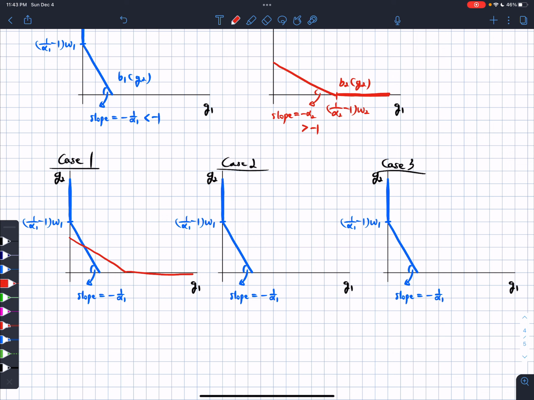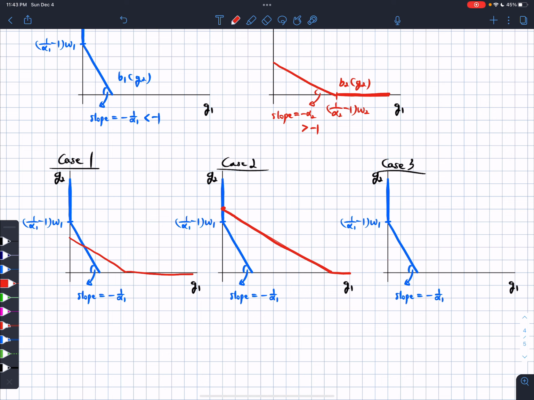Then I would have, let me draw it this way. This and then. Okay, and another case is that this intercept is so small, and then this graph becomes flat very early, even before touching this point. So that's going to be this third case.